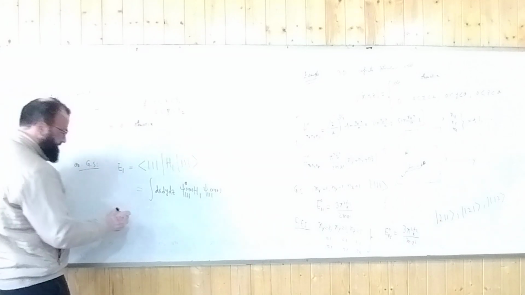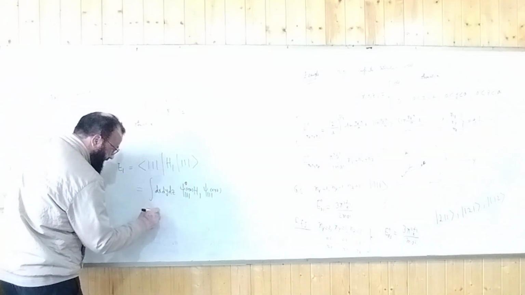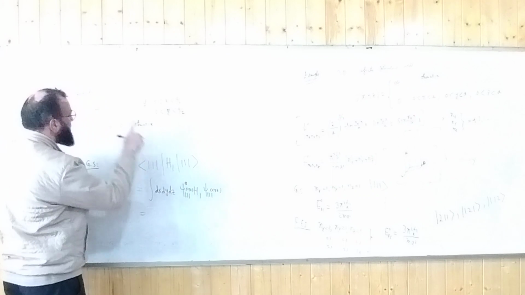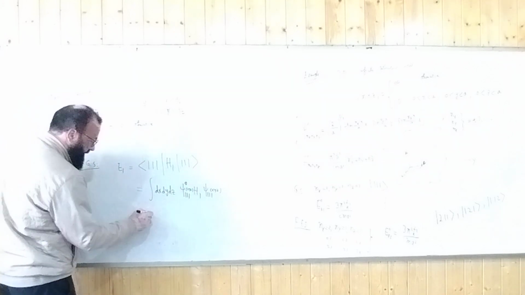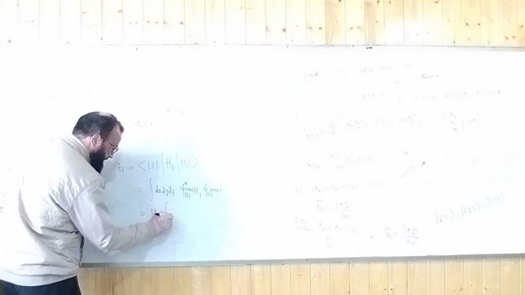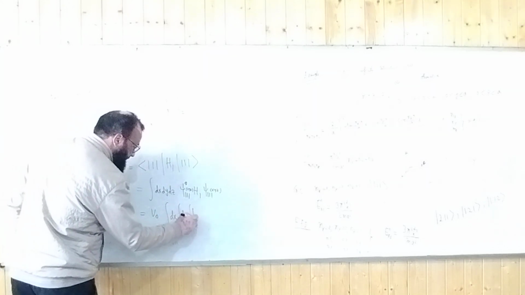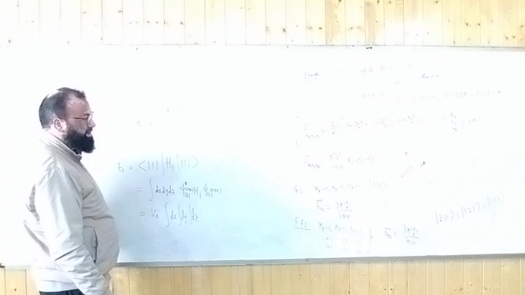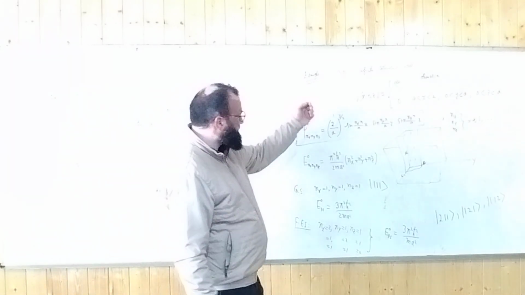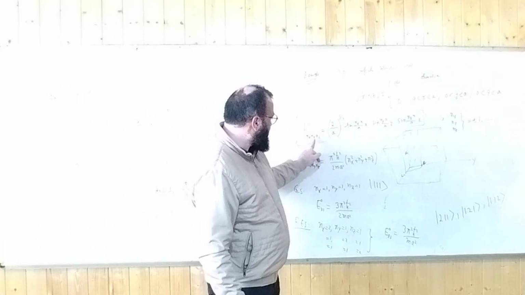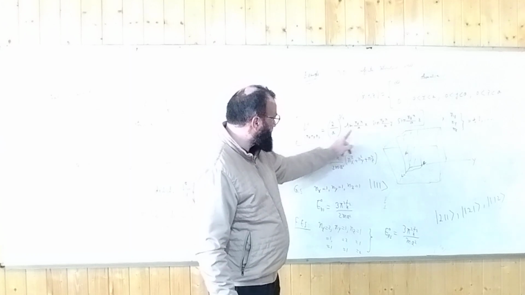Okay, first let's write what H1 is. It's V naught, a number, so it will come out. Let's write the integral as such: integral over x, integral over y, integral over z. What is your psi 1, 1? Put all nx, ny, nz to be 1.